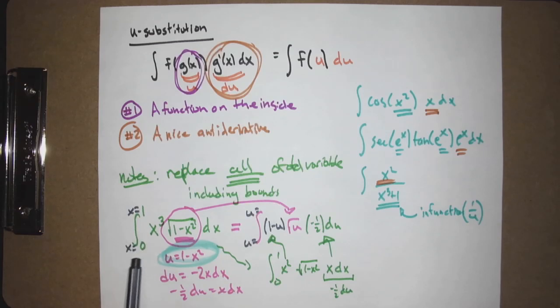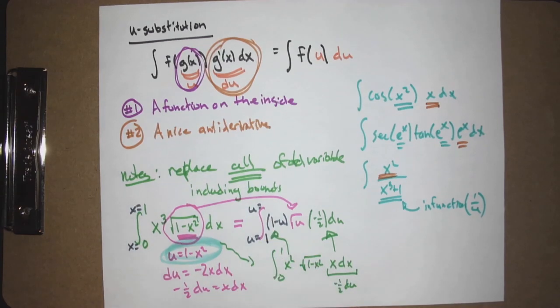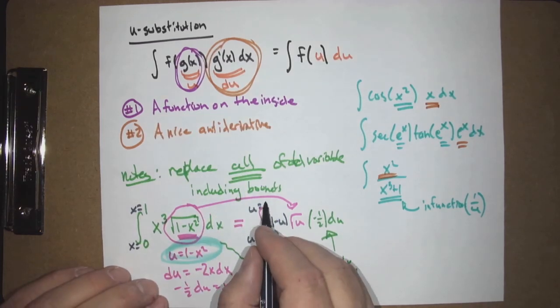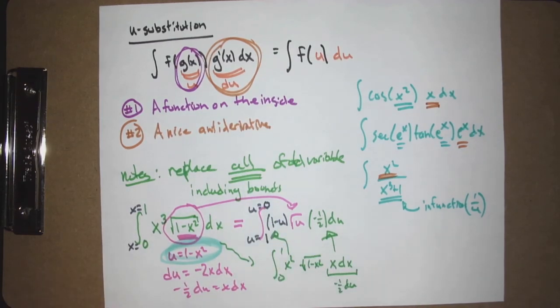So x equals 0, plug it into u, and out comes u equals 1. x equals 1, plug it into u, out comes 1 minus 1 squared is 0. Are you allowed to go from 1 to 0? Yes, that's fine. It's weird. We prefer to go 0 to 1.